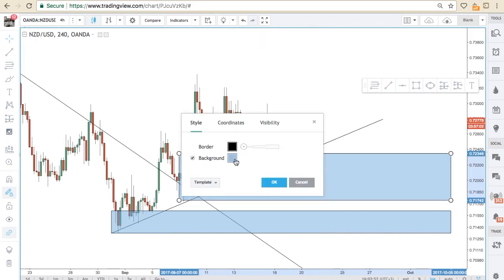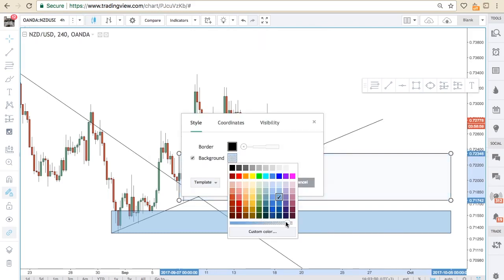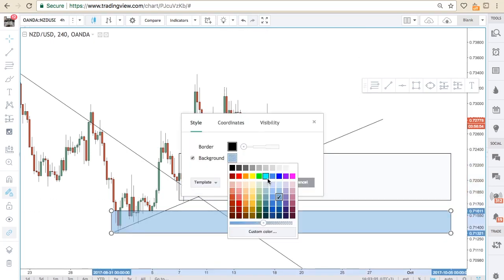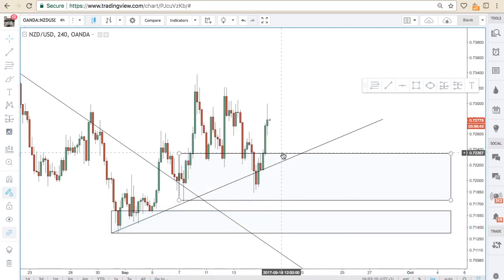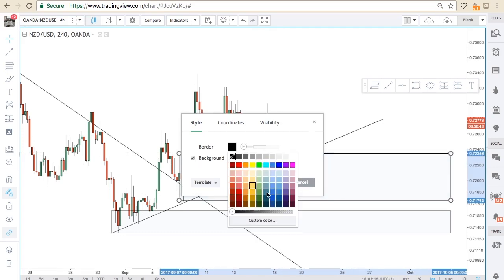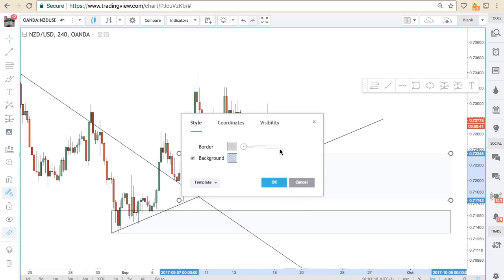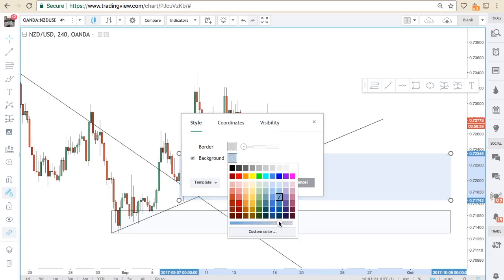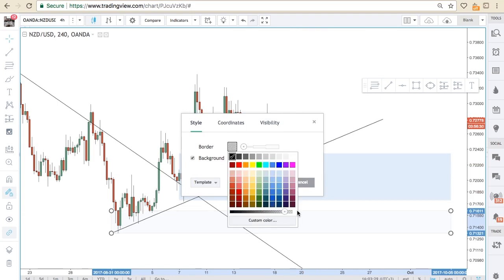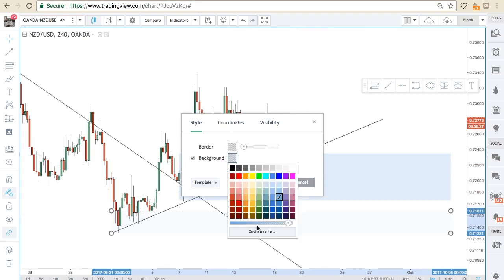I'm going to keep them there, but fade them out a little bit. Actually, I really just want to see the background. I don't want to see the border. Alright, come back over here. Just so you know it's there, but not in the way. It's important to know it's there. I'll show you guys why.